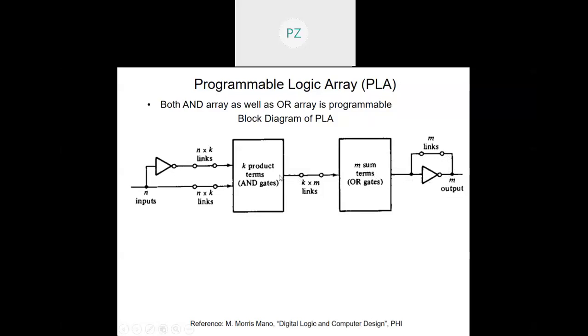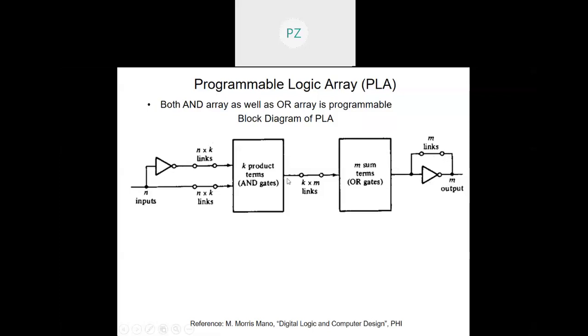But if f dash is going to give me a lesser number of product terms, then I'll blow this link off so that I get f dash here, and when it gets inverted I get f. So for m different functions, f1, f2, f3 and so on up till fm, I can decide which of these functions have to be in true form through the fuse, or in complement form when the fuse is blown off.